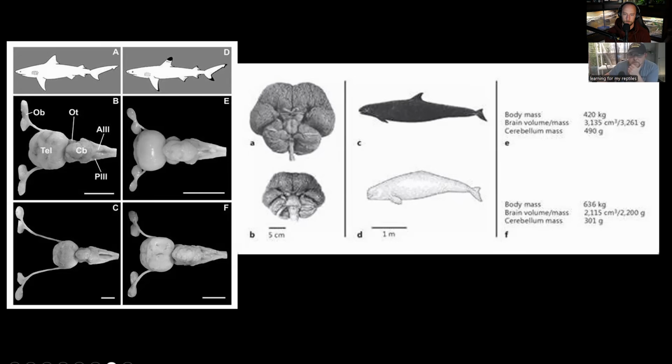So what we see here is whales have a spherical brain and sharks actually have a linear brain like reptiles do. And so what happened to the human brain is that first hump overgrew the second hump. So their brains are not just linear, they are, how do I say that?